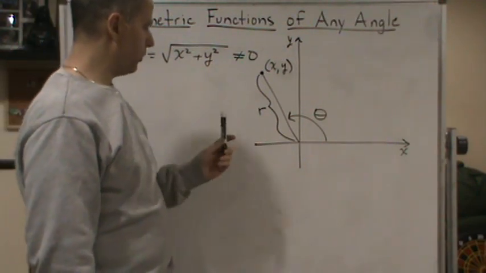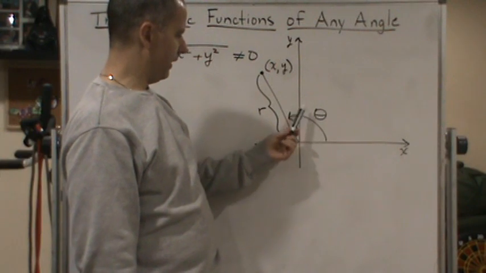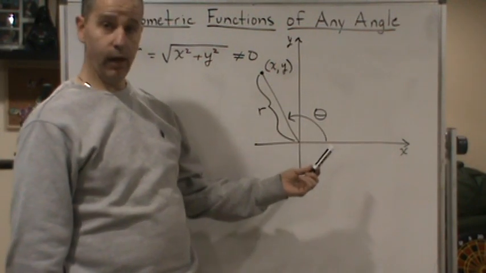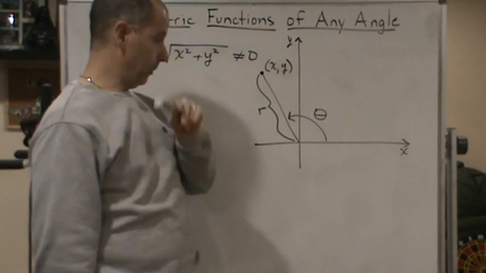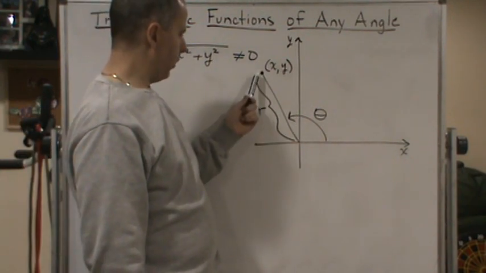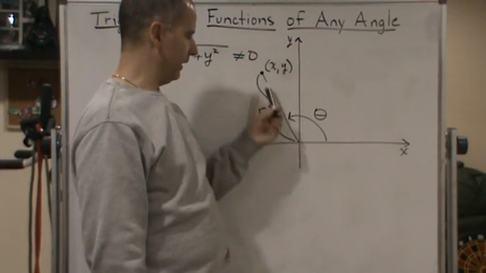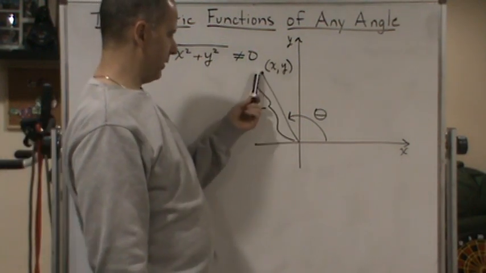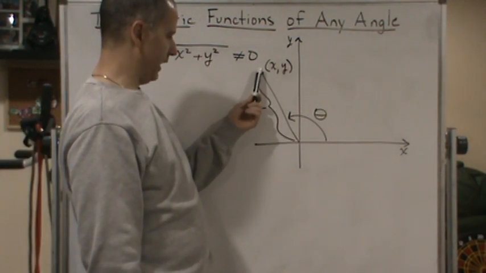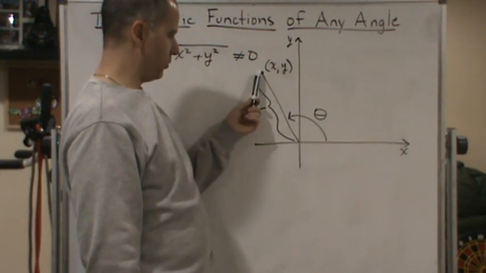So what we're going to do is use just some angle. We're going to define theta as the measurement of an angle in standard form. We're also going to put the point (x, y) on the terminal side of that angle, and that's going to represent the point at the end of the line segment from the origin to the point.